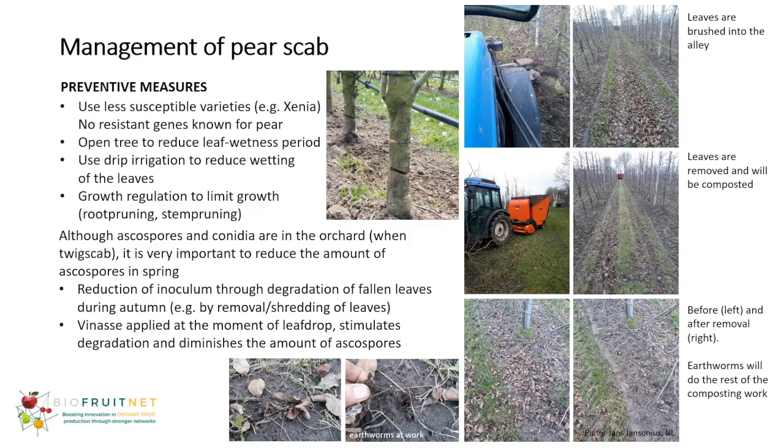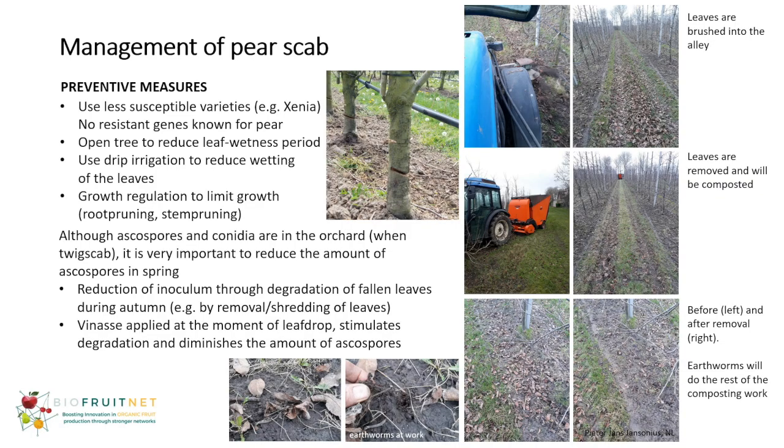And it's very important not to wet the leaves too much, so use drip irrigation instead of overhead irrigation. Growth regulation is important to limit the growth and not to have too long in the season growing parts, young leaves, young shoots in the orchard.